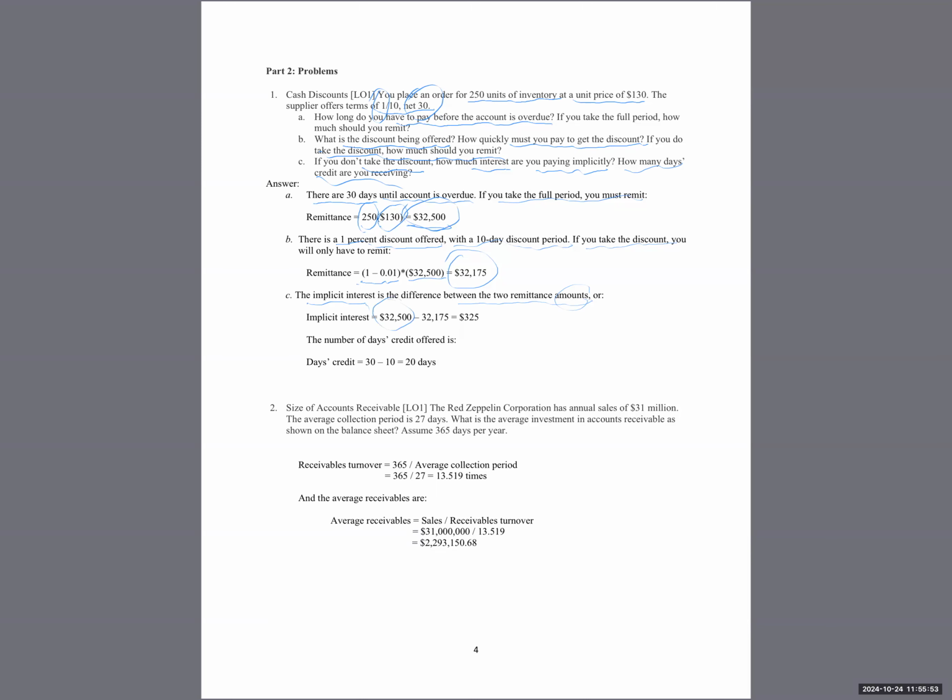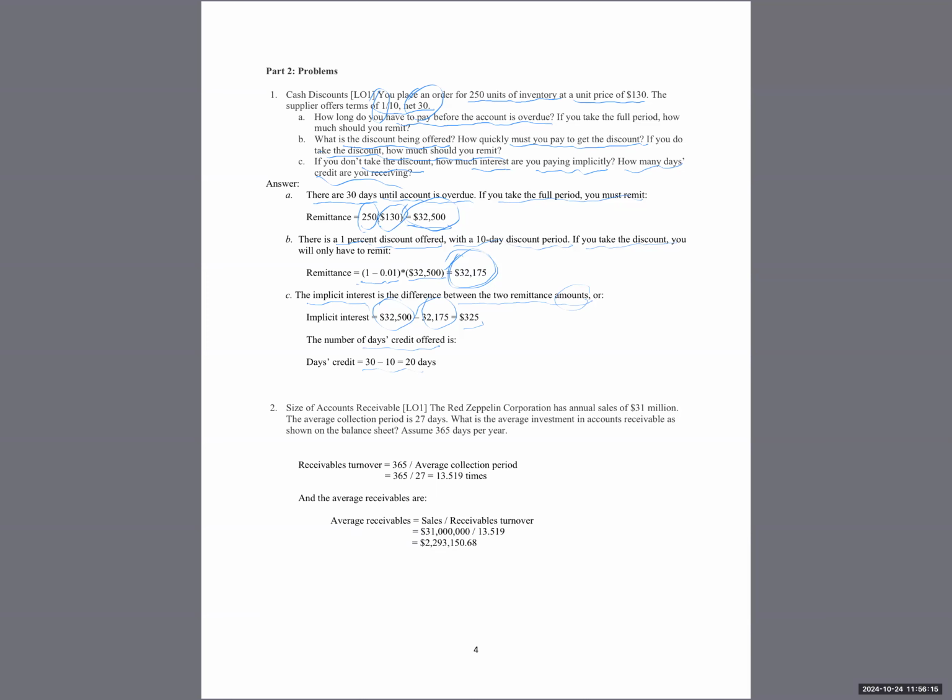If you take the discount, it is $32,175. So the implicit interest is the difference, which is $325. And the number of days of credit offered is 30 days minus 10 days, 20 days.